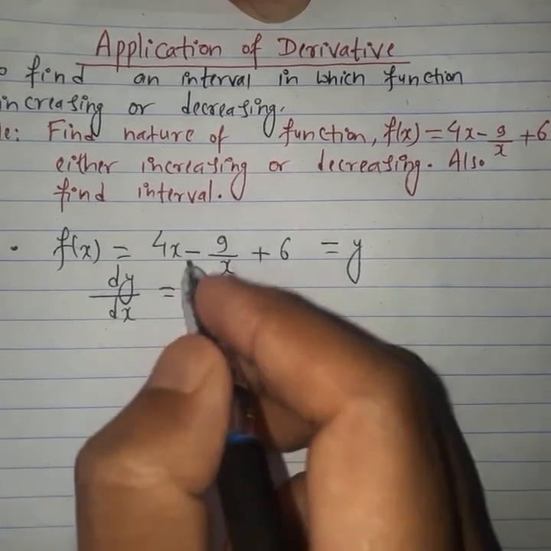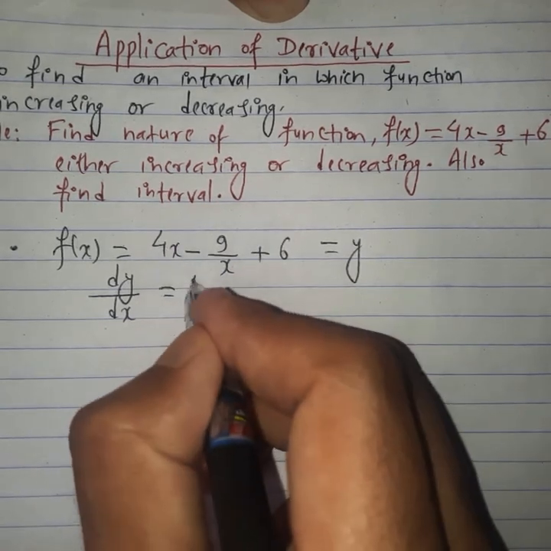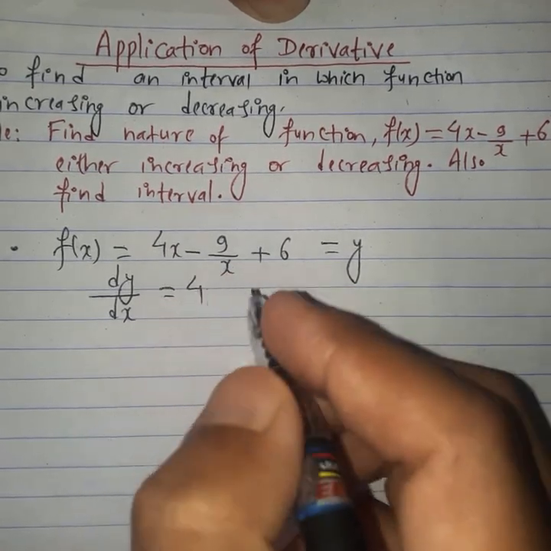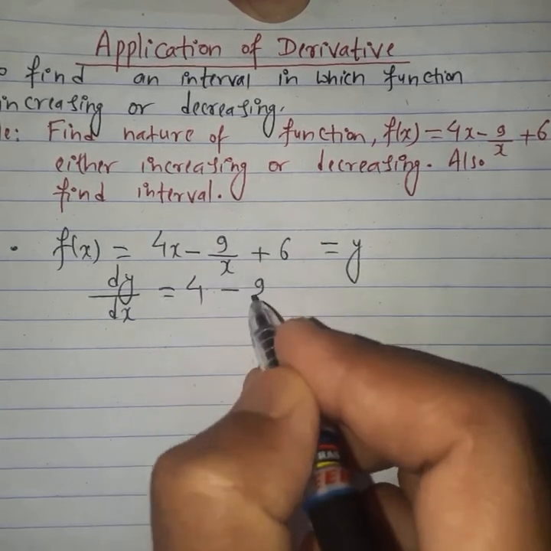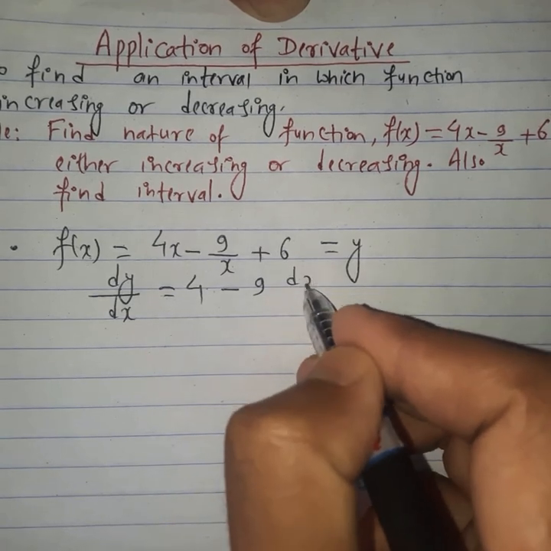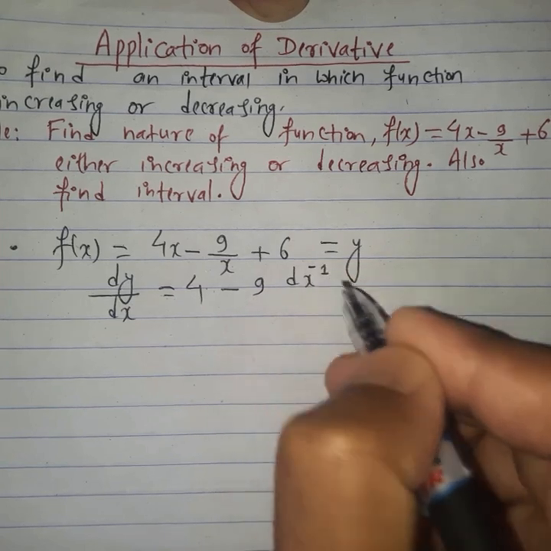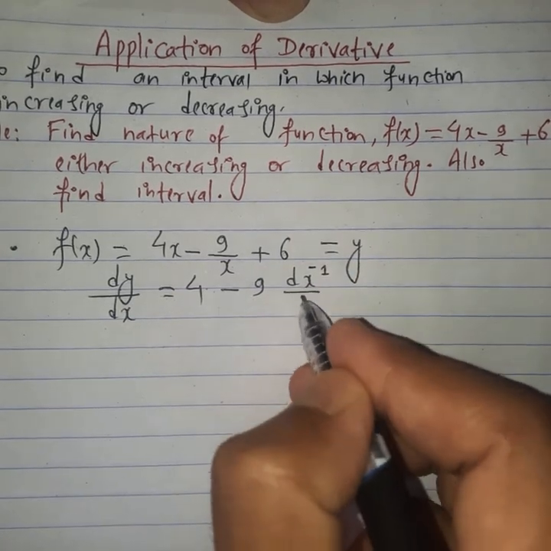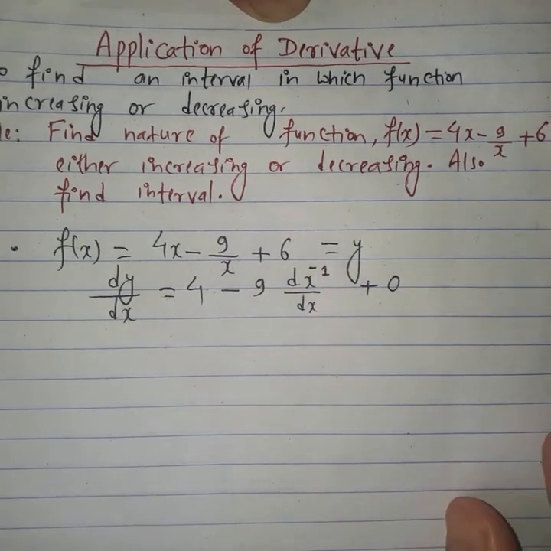This is very easy to calculate. Here the derivative of 4x is just 4, the derivative of x is just 1. Minus, let's calculate the derivative of this: 9 is constant, so we can take it as a coefficient. The derivative of 9 over x, this x goes to the numerator and becomes x raised to the power of -1 with respect to x, and the derivative of 6 is just 0.